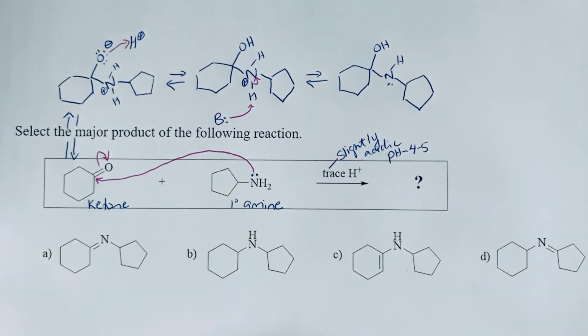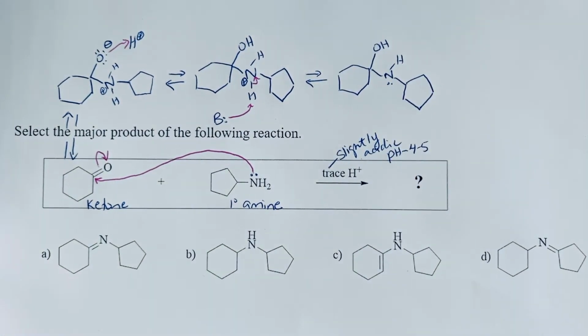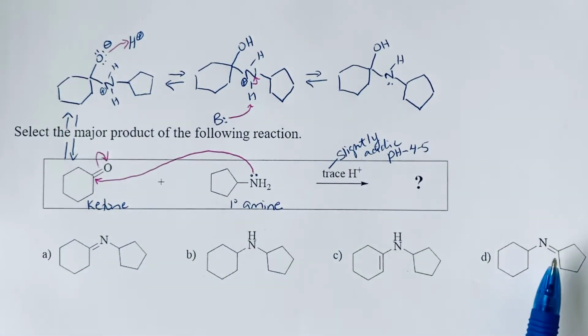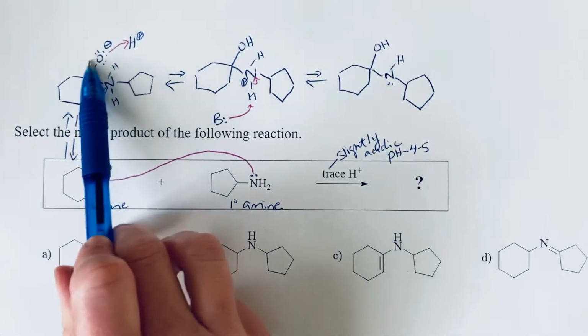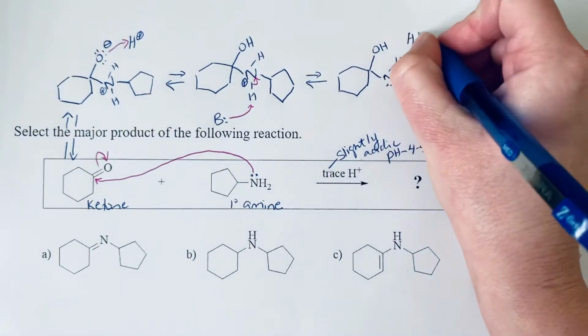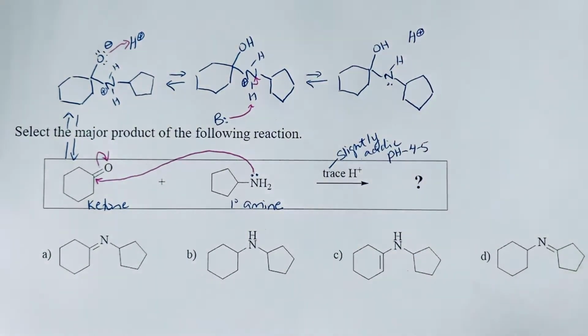Right, so we get to this neutral intermediate, and then what we want to do ultimately in this reaction, it is an equilibrium, we're going to lose water. So we're trying to set up this oxygen to be lost as water. So I'm going to go ahead and protonate this. So again, I'm just going to say generic H+, but it could be any protonated species that we've encountered along the way.